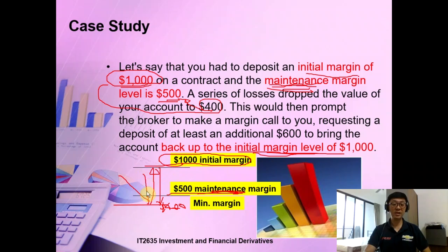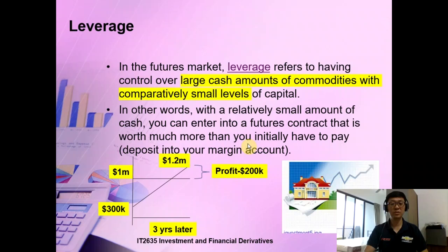Anything above 500, you don't need to top up, but the moment you cross the 500 minimum margin, you have to top it up all the way to the initial deposit. Understand? So there's this minimum criteria. As long as you're above the minimum, you're not required to top it up. But once you drop below the minimum, you have to reset to the max.